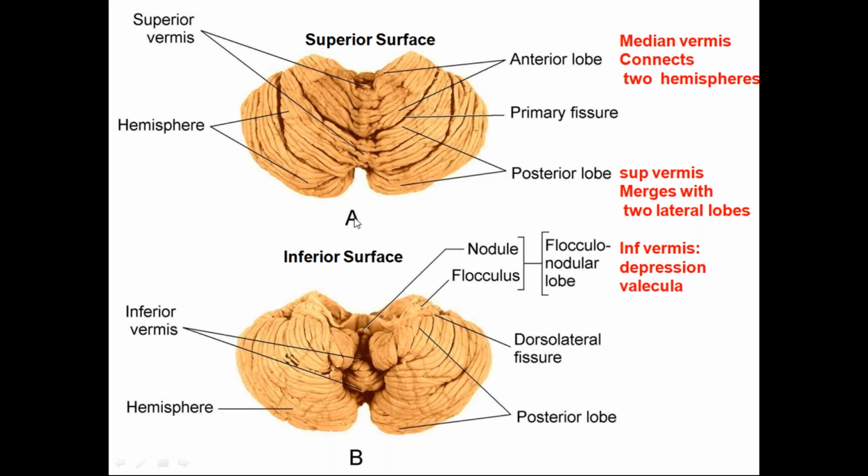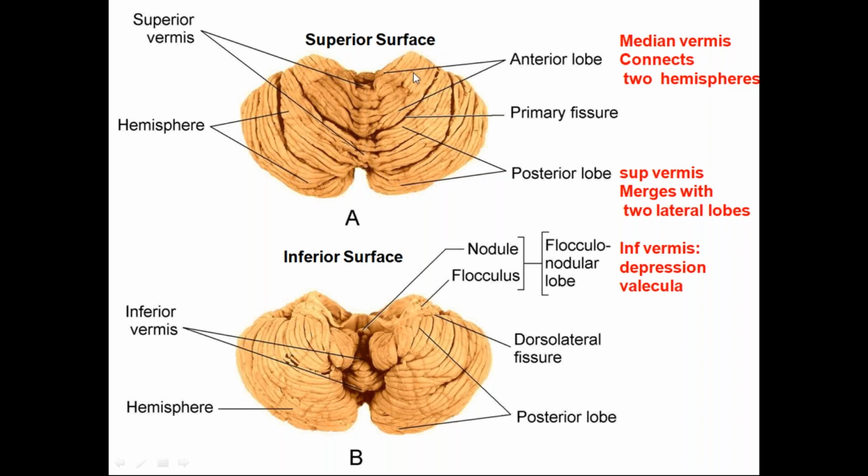One out here is the primary fissure, or the fissura prima. If you look at this fissure, as my cursor goes, you'll find it forming a U-shaped fissure with some amount of vermis and some amount of the hemisphere of the cerebellum with it.